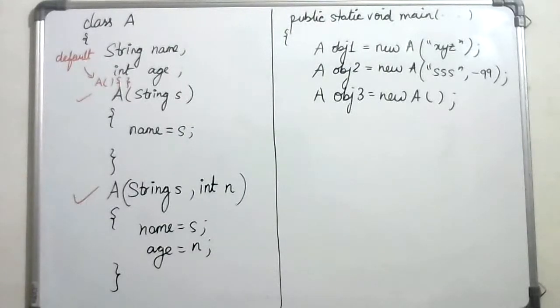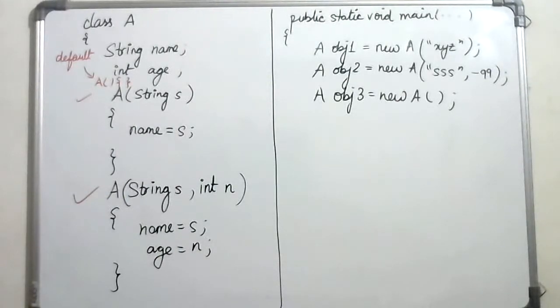Depending on the number of arguments and the type of arguments that you are passing, the corresponding constructor in the class will be used. Okay, so that is how constructors are overloaded.